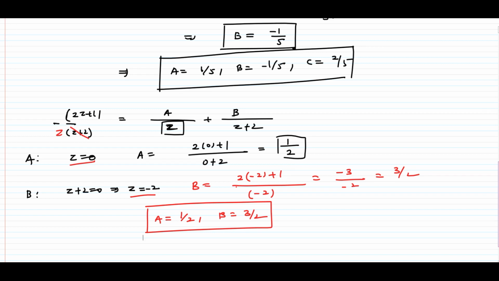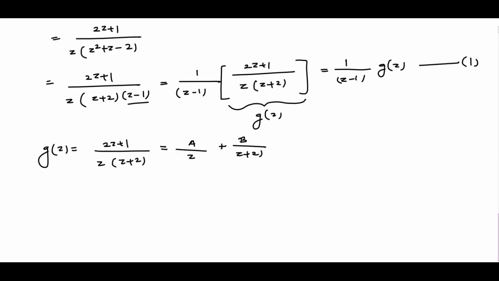So further, a is 1 by 2 upon z, and b is 3 by 2 upon z plus 2. But our given domain is 0 less than mod of z minus 1 and less than 1.